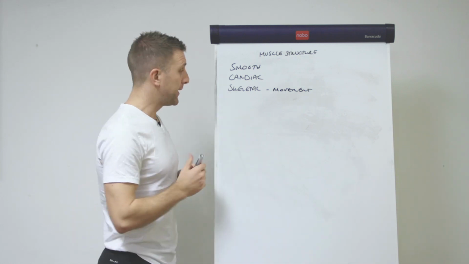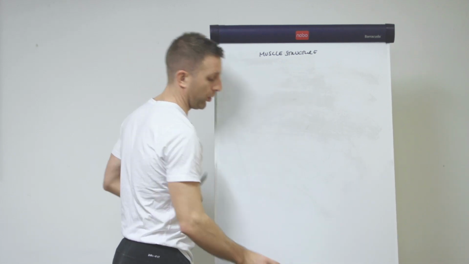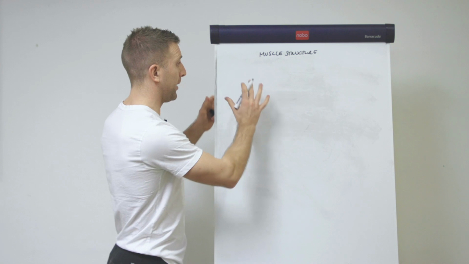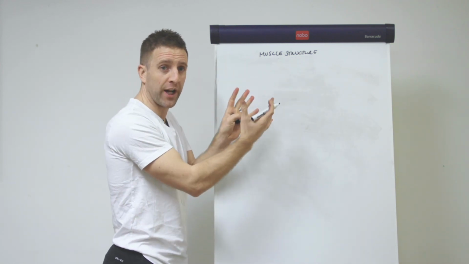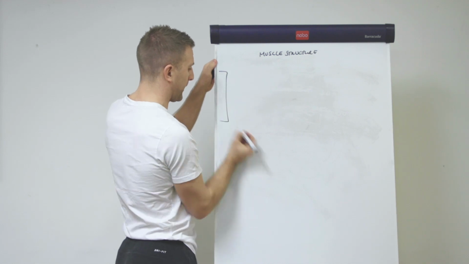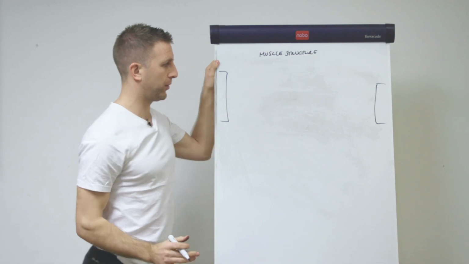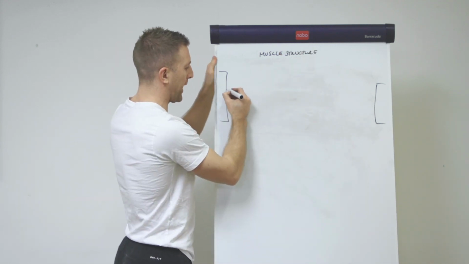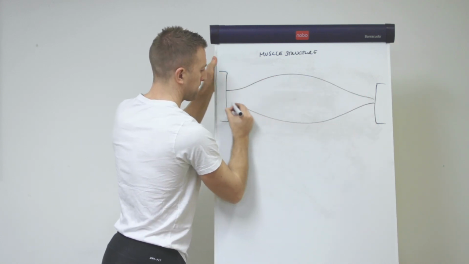Okay, so next thing to look at here, if we're going to focus a little bit more on the skeletal muscle structure, we're going to look at how it looks first of all and start to hone in on certain areas. So if we had, again, one bone to another bone, okay, we're looking at two bones in a pair, we've got to have a muscle that joins them. Okay, so there's your muscle belly there.